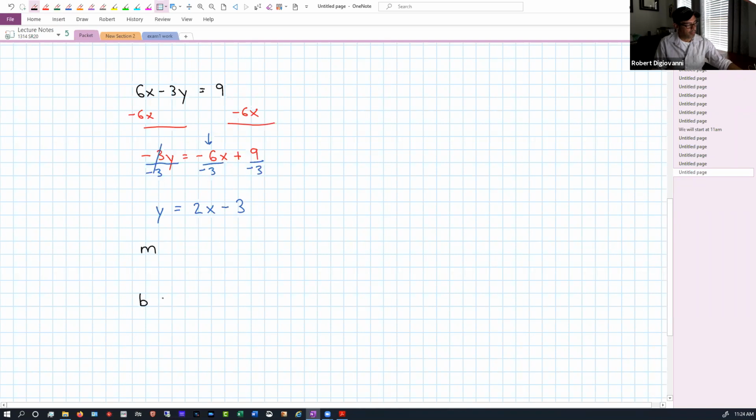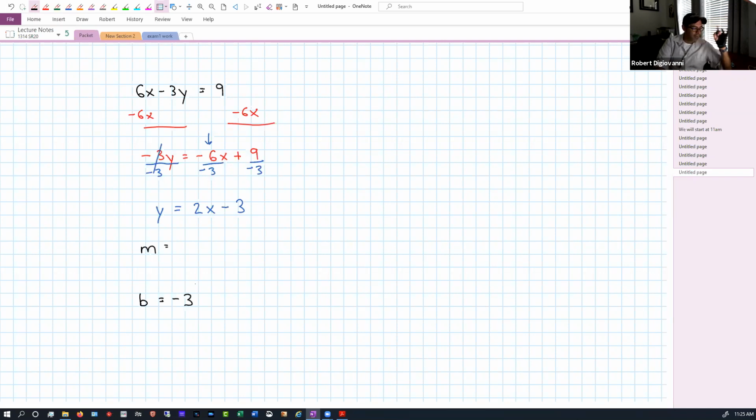Okay. So now we should be able to just look at that and identify the slope and the y-intercept. Let's start with the y-intercept because it's usually a little easier. So what's our y-intercept here? The -3. Good. You have to include the sign. If it were positive 3, we would have said just 3. But because it's -3, we're going to put -3. And then what is the slope?